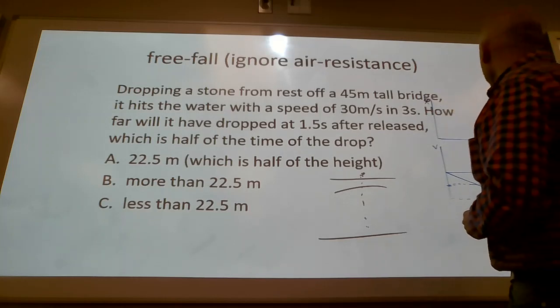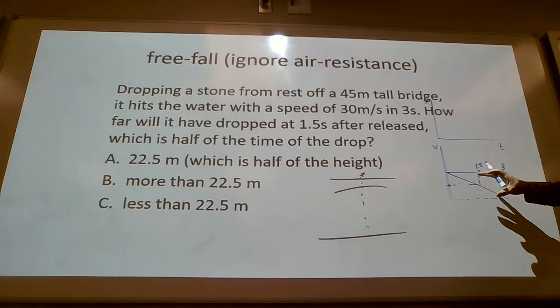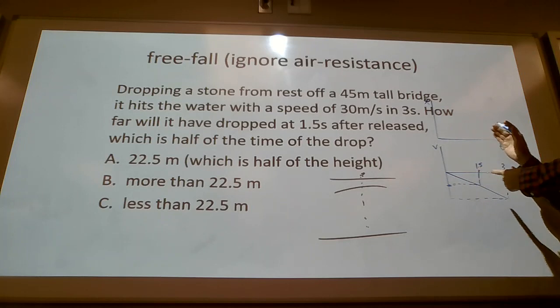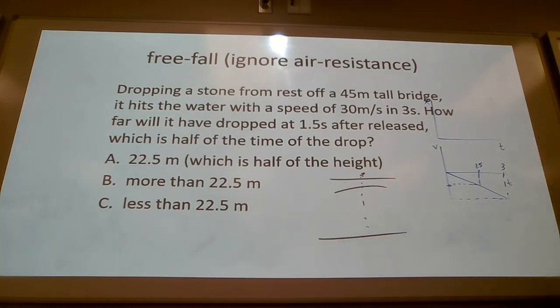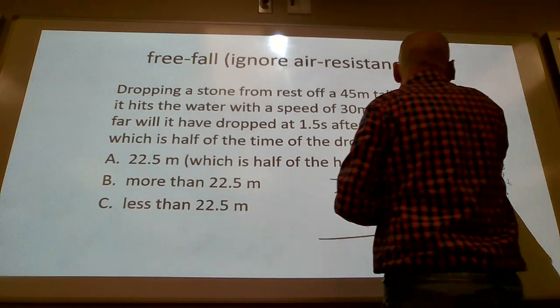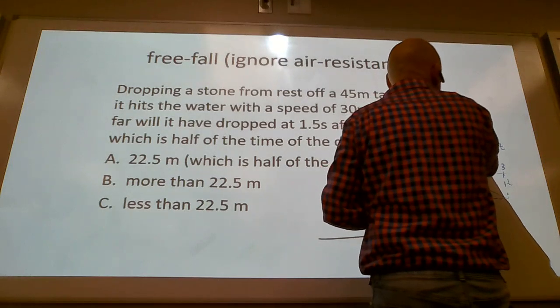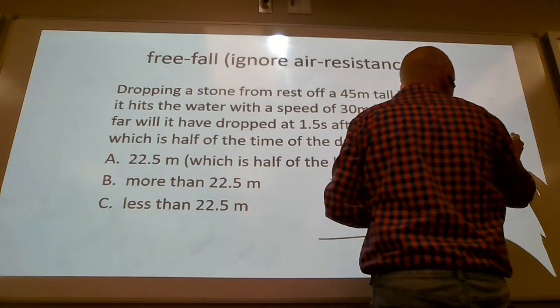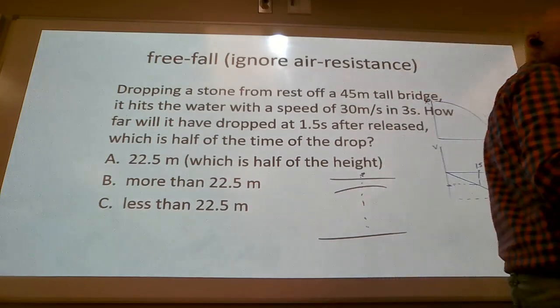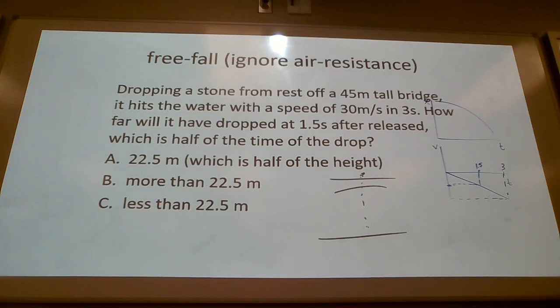Okay. I'm purposely drawing this right above this because their times are shared. You okay with that? So you're starting high above the ground, you start slow, and then you speed up in the negative direction. Good with that? At 3 seconds, man, I did not draw that very well.